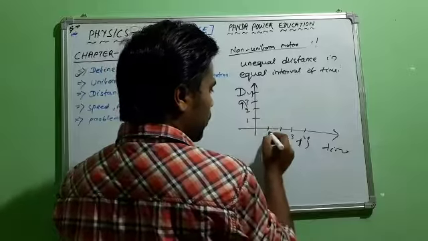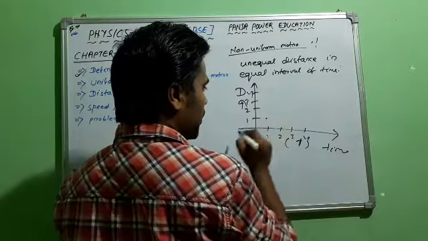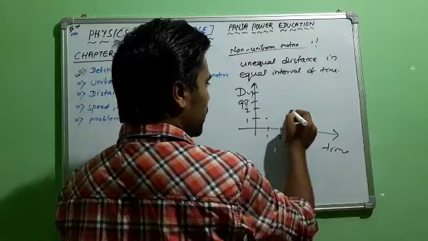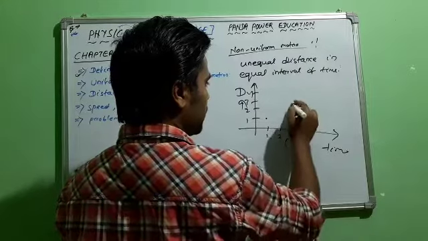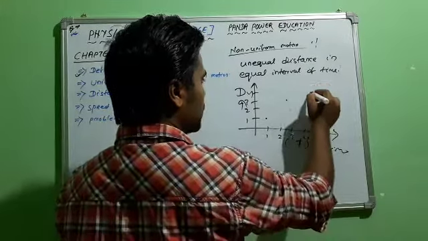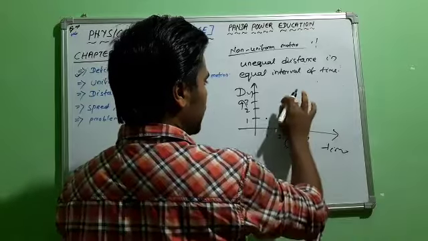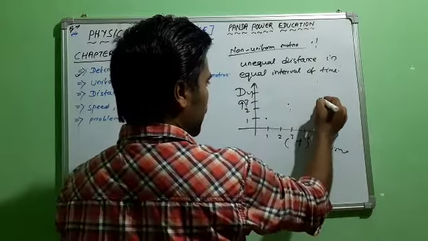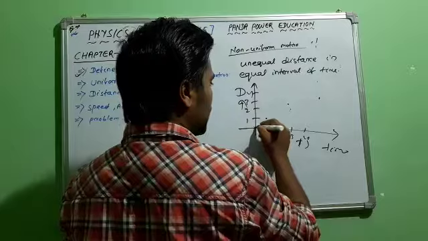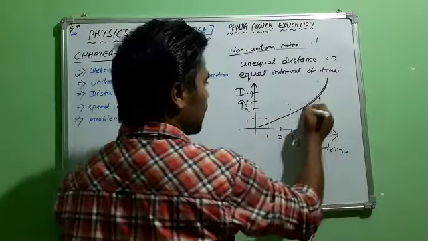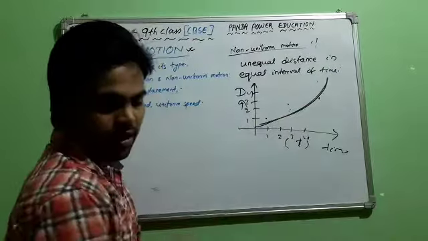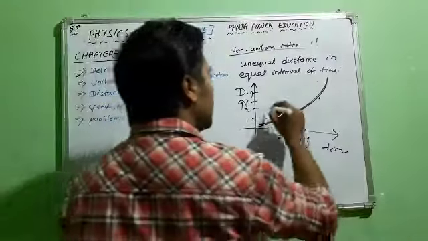Then in 1 second the body moves 1 meter, in 2 second 3 meter, and so on, like this. So that graph may be curved. That is non-uniform.